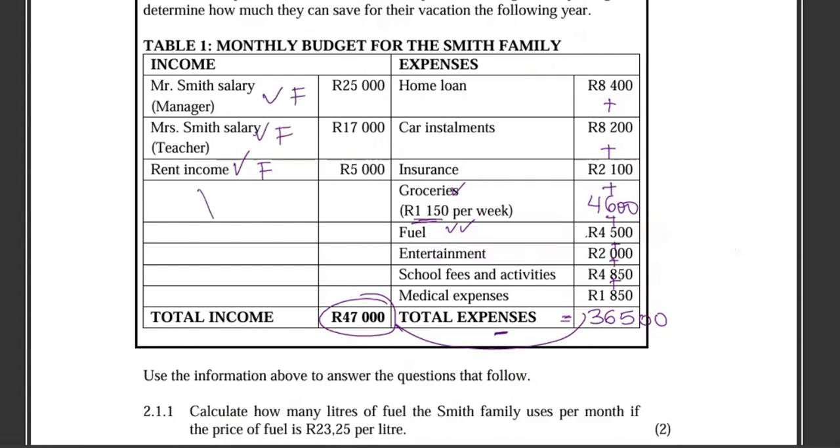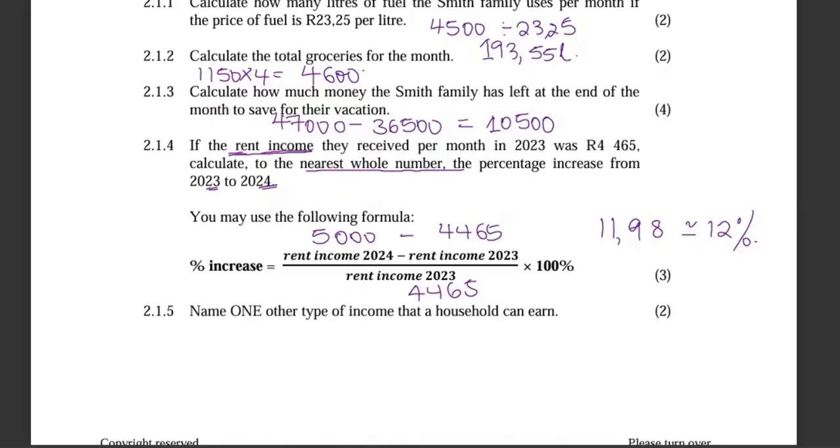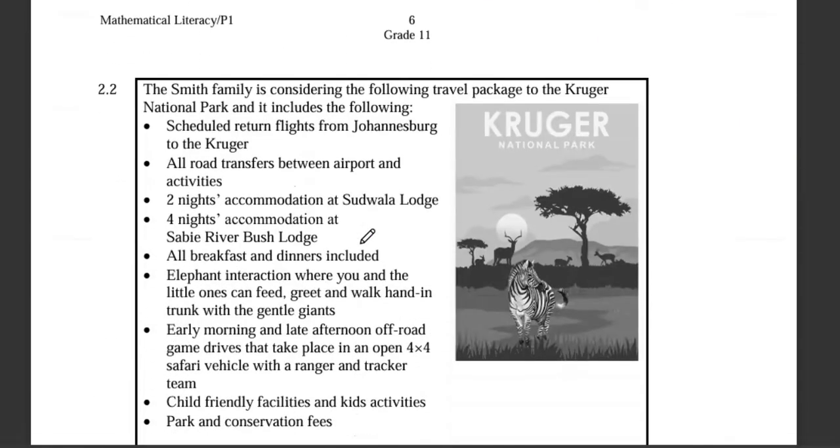Which other type of income? It could be a variable income, like overtime. You can work overtime and get income. A teacher can have extra classes for other children. That's another form of income. It's a variable income. All right.